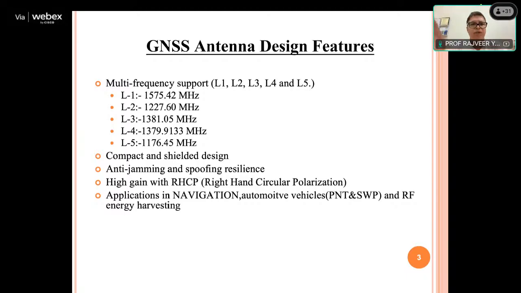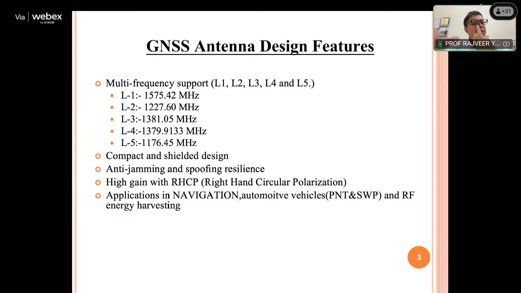We are not able to change these frequencies, but we need to align to them so that internationally we are aligned as far as standards are concerned. But at present, there is only one antenna available for the L1 band. There will be a second antenna available for the L2 band. There may be a third antenna available for the L3 band and so on.